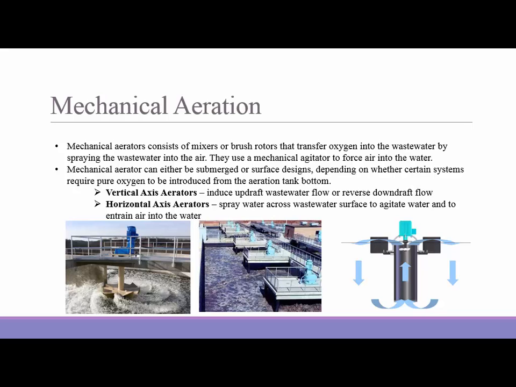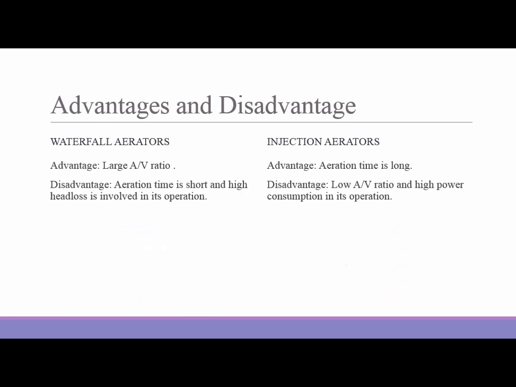There are two different types of mechanical aerators: vertical axis aerators, which induce updraft wastewater flow or reverse downdraft flow, and horizontal axis aerators, which spray water across the wastewater surface to agitate water and entrain air into the water. The first two pictures show mechanical aeration.